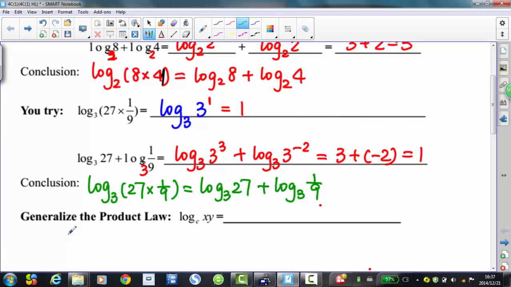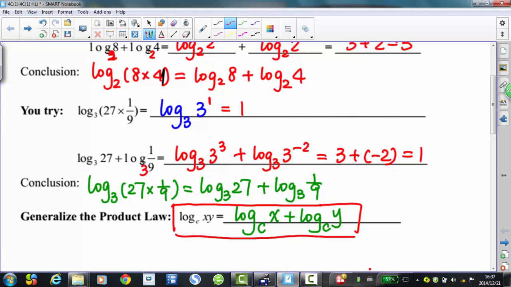So let's generalize the product law. Log c, x times y. If I have a product in the argument, I can split this log value into log c x plus log c y. So this is the first log law we need to know.